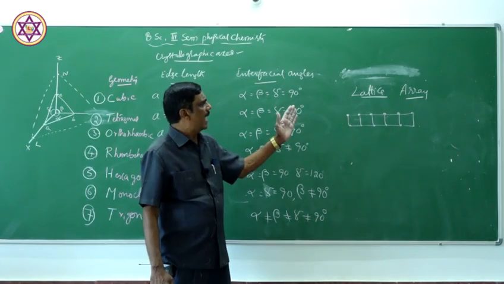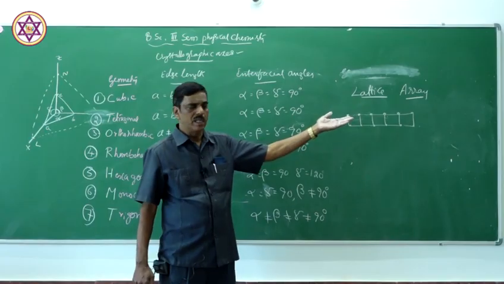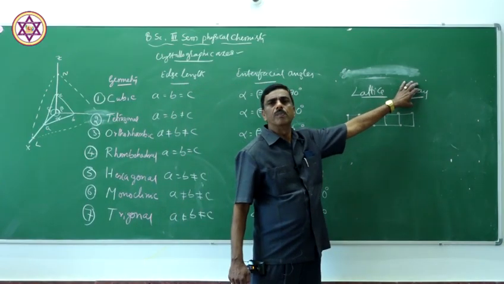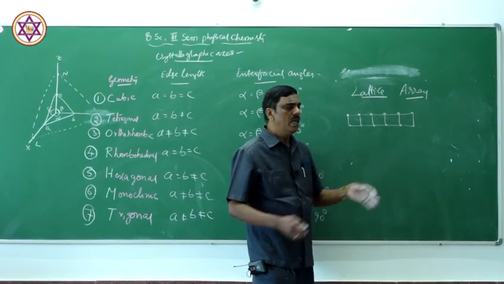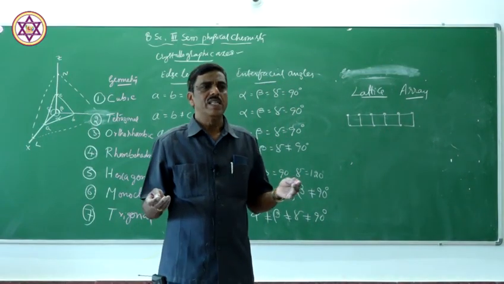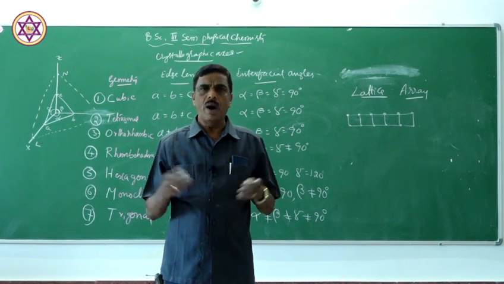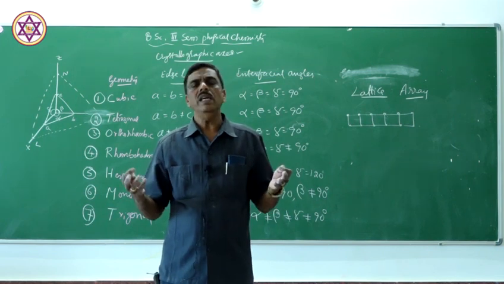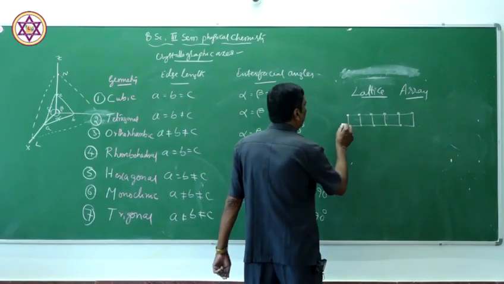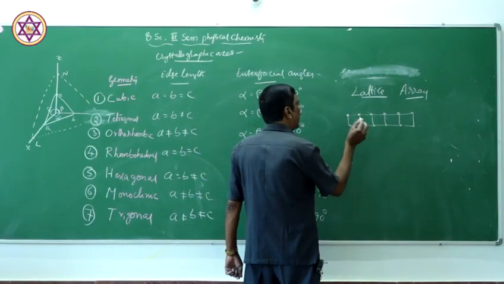Lattice planes are nothing but the array of atoms or molecules in 2 dimensions. But atoms or molecules in a crystal are 3-dimensional. They are bonded in all 3 different directions x, y and z. Therefore, we can write here 3-dimensional.